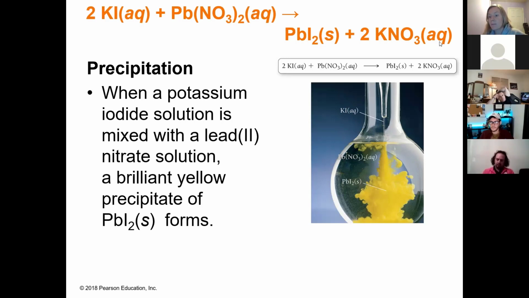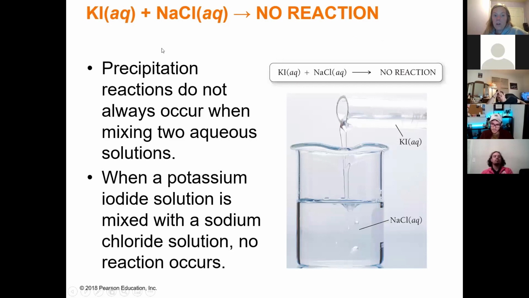The other product happens to be aqueous, and that doesn't necessarily indicate a precipitate, but the lead iodide does. Now looking at this, when I have potassium iodide and I mix it with sodium chloride, I don't get any reaction. Why? Well, I need to figure out what my potential products would be.